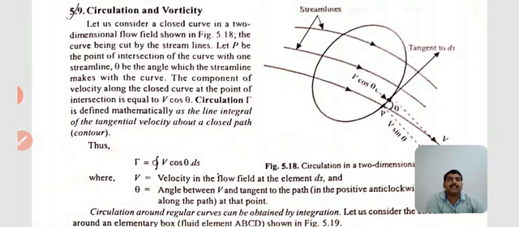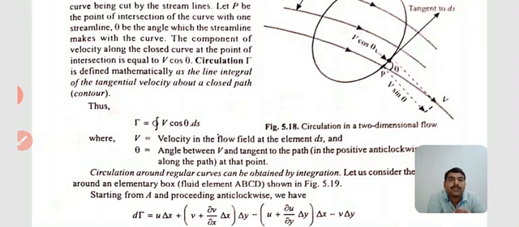Now let us consider a closed curve in a two-dimensional flow field, which is seen in the diagram. The curve is cut by the streamlines. Let P, that is the streamline point P, be the point of intersection of the curve and one streamline.